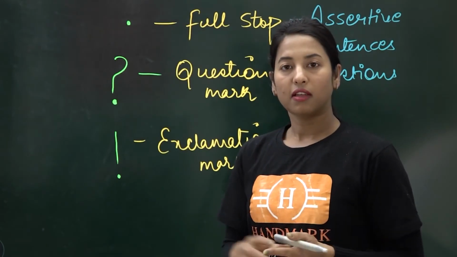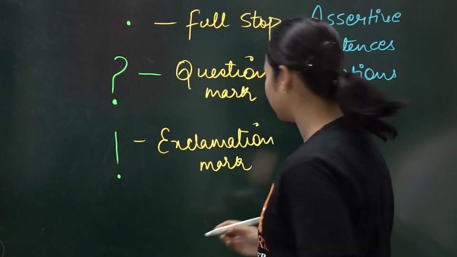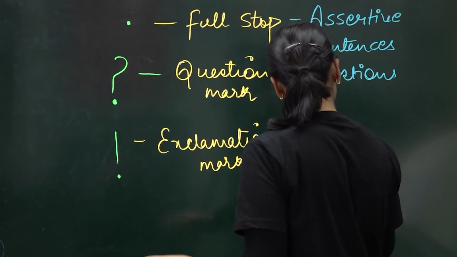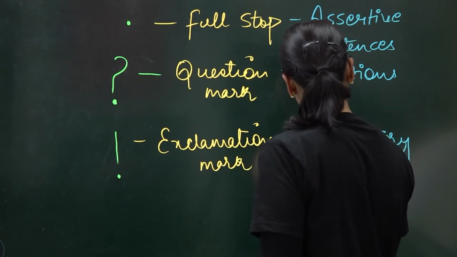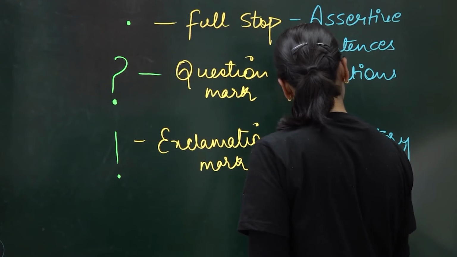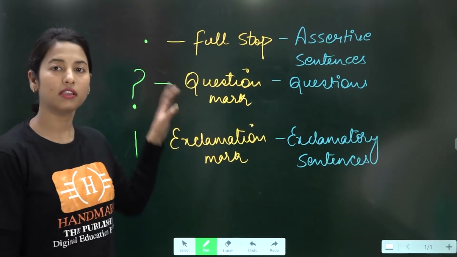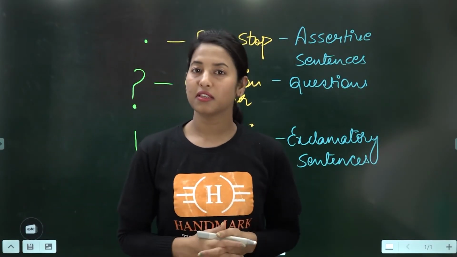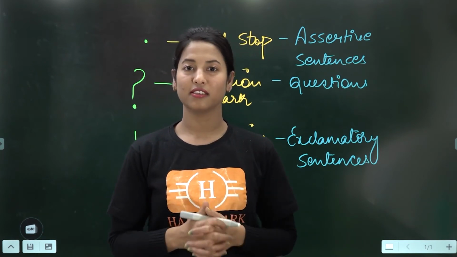The sentences after which we use this mark are known as exclamatory sentences. So here you can see these three marks for a sentence. Now let's understand these marks and these kinds of sentences in detail in this video.